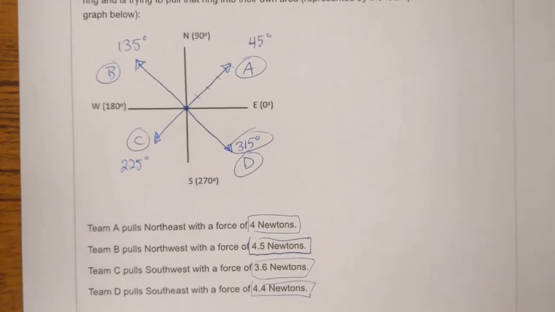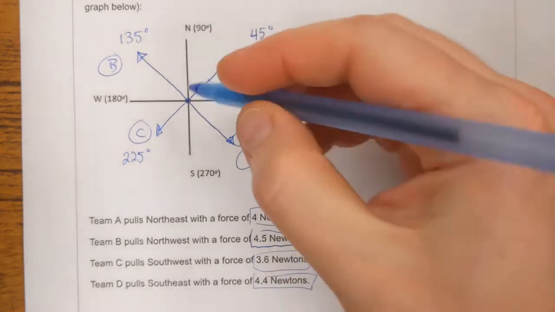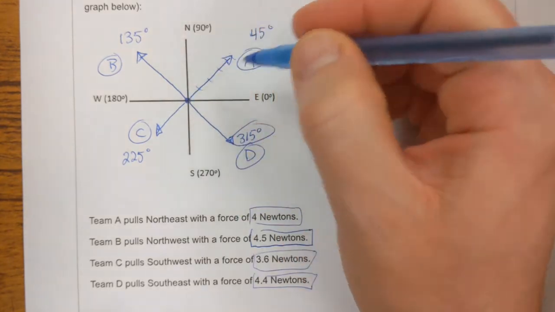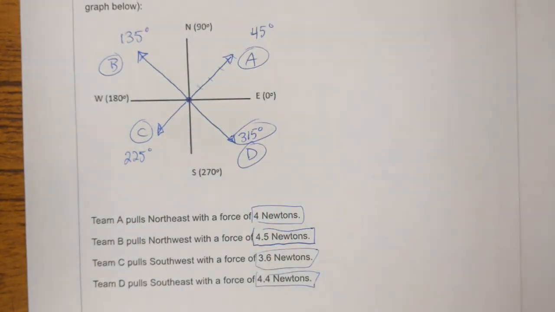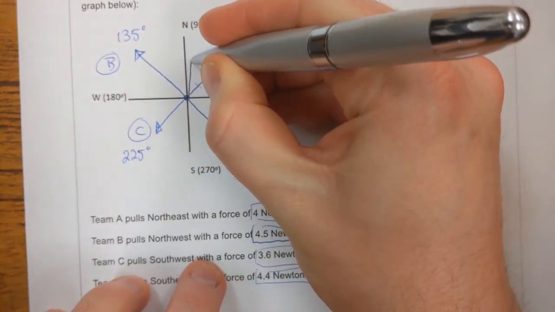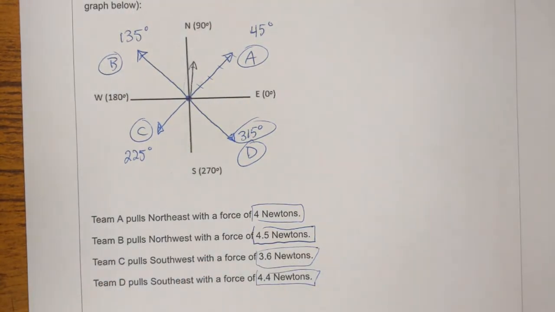My gut's telling me Team A, but Team B is a little bit stronger, so I don't think it'll be a decisive victory. My guess is the resultant's going to be like this, but still in Team A's favor. We'll see. Use this information to answer the question.